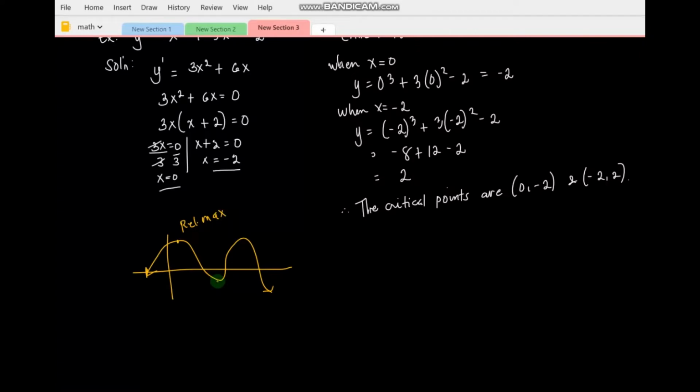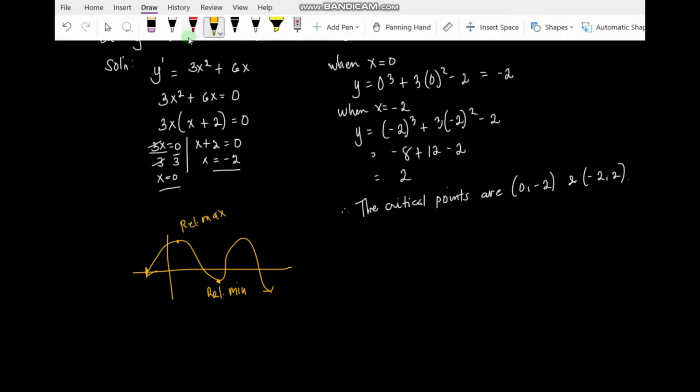And this point here is a relative minimum point. Okay? So, how are we going to determine whether these points are relative maximum or relative minimum?